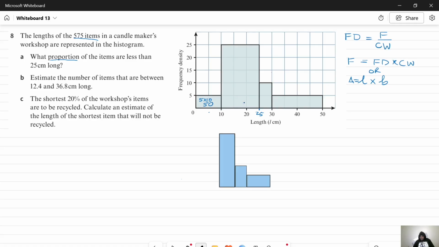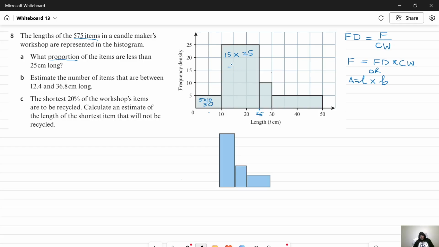For the next class, 10 to 25, I have a class width of 15. So 15 times the 25 that I have on my frequency density gives me the area of this bar, which represents the frequency for that class, meaning the number of items from 10 to 25 centimeters long.